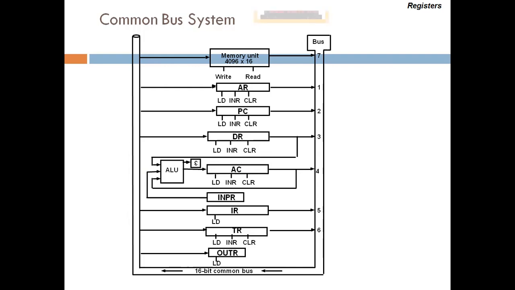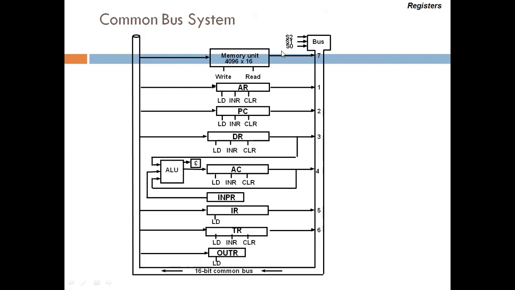Now there is a selection. 3 selection lines are there: S0, S1, S2, to select any one of the registers or the memory out of all these 7. If the value of S0, S1, S2 is 1, 1, 1, at that time the memory unit is selected.